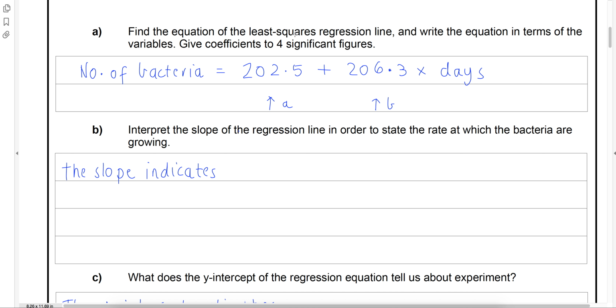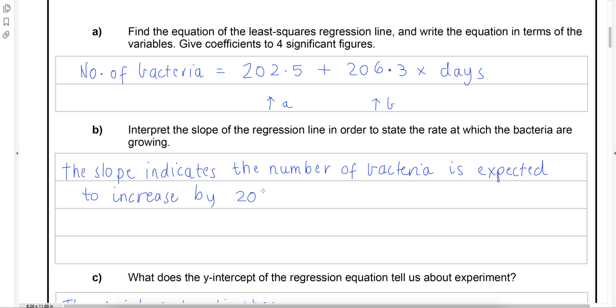So the slope indicates the number of bacteria is expected or estimated to increase by, so we state by how much? 206.3. And then we also need to say what's happening with the EV. So we can't just say it's expected to increase by this.